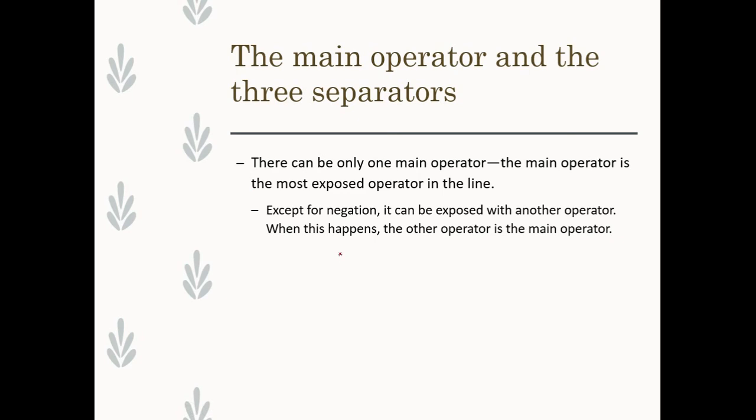So if we had P horseshoe Q and a negation in front of it, right now this negation is the most exposed operator in the line. This parenthesis set is enclosing that horseshoe. So negation is the most exposed. If you had a wedge, P wedge R, now you have this wedge is exposed and the negation is exposed.